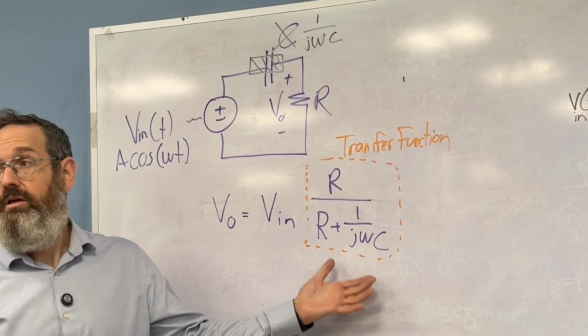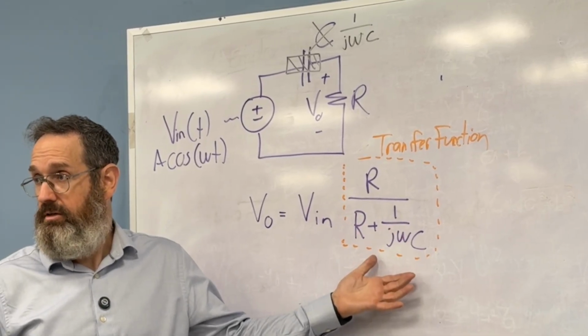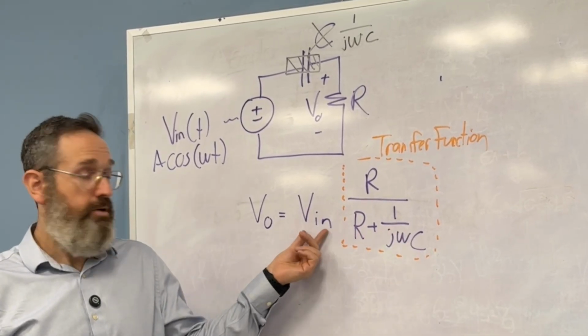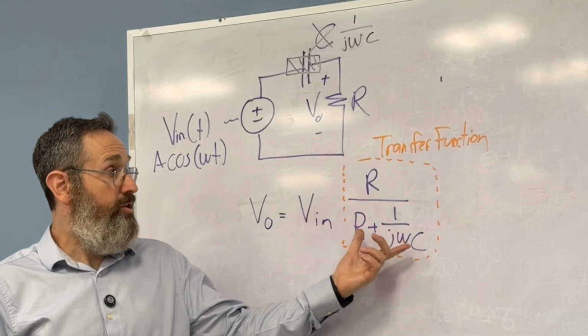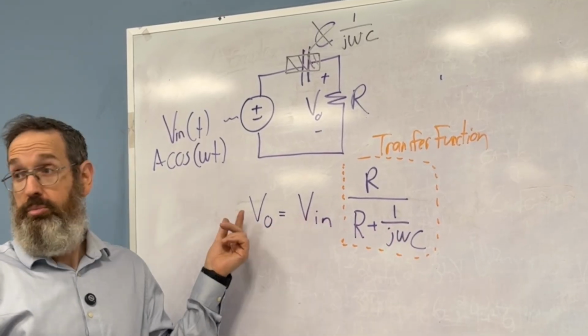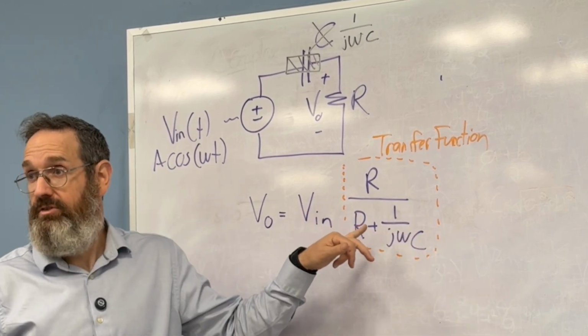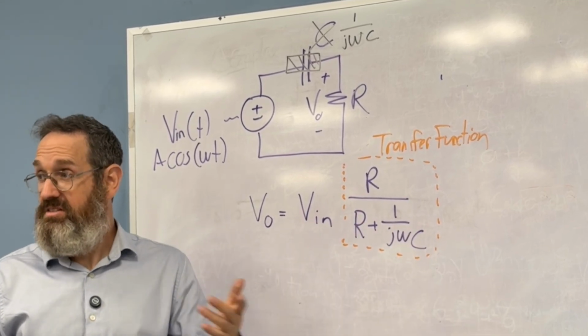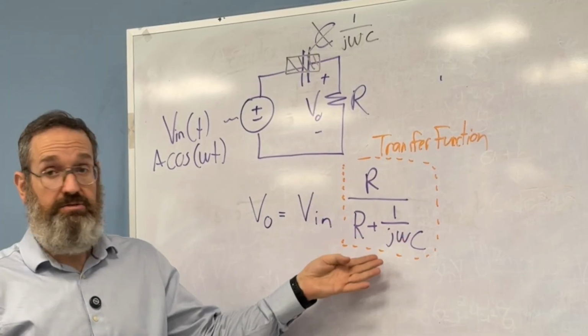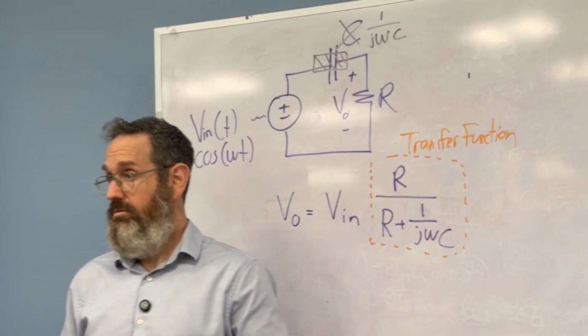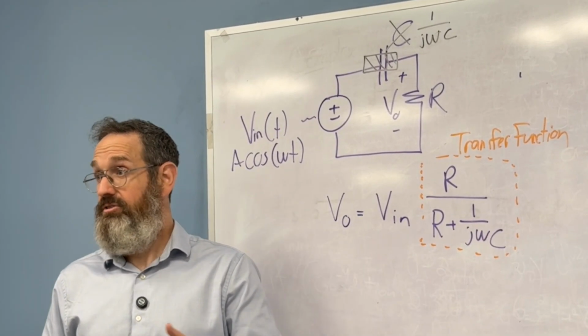This fully captures the circuit. We have an input, we have an equation for the circuit, and we have an output. And because we can multiply this by that, this is called the transfer function. And if the assignment was to give me the transfer function, you are now done.